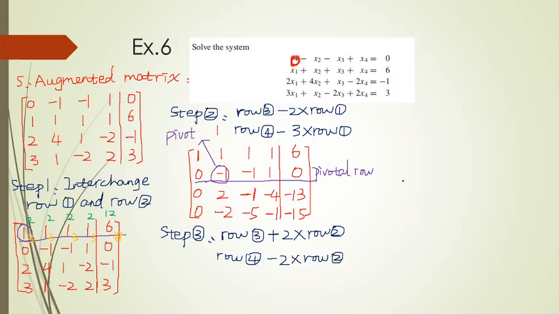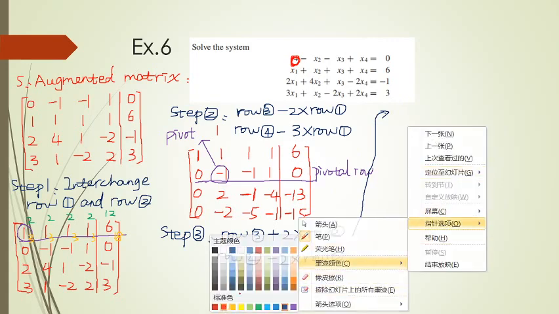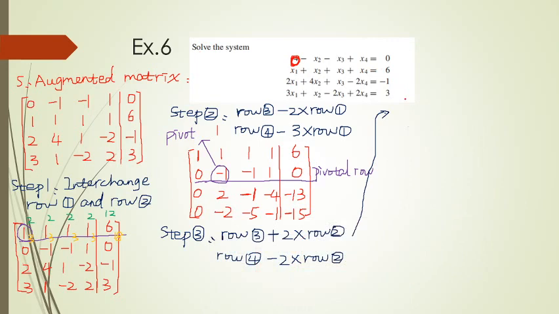And then I'm going to write the matrix here. I will keep the first and the second row. We are not going to do anything with the first row because of the strict triangle form.